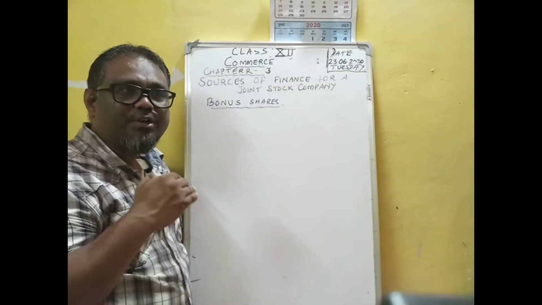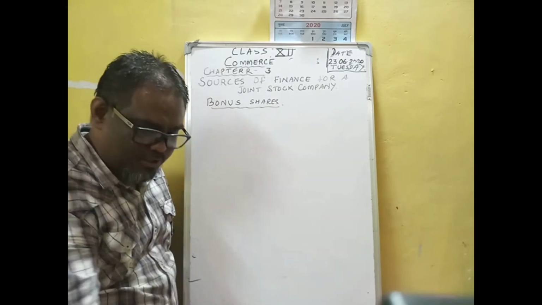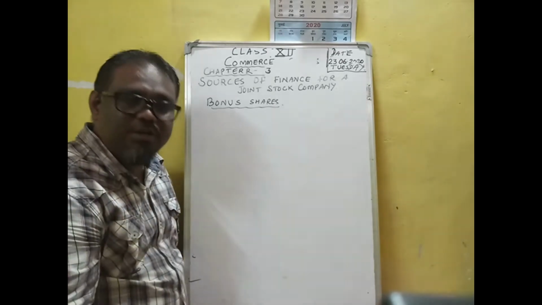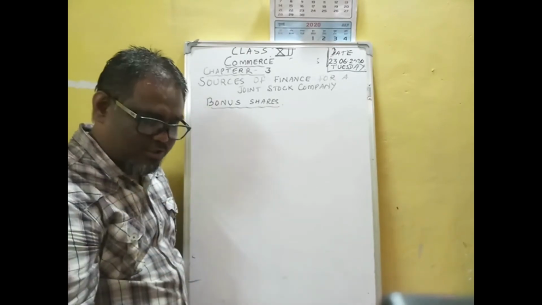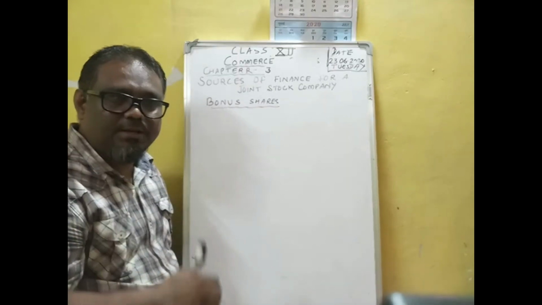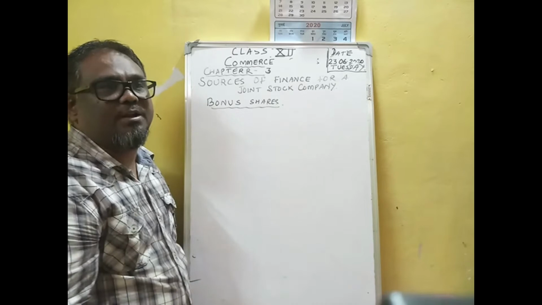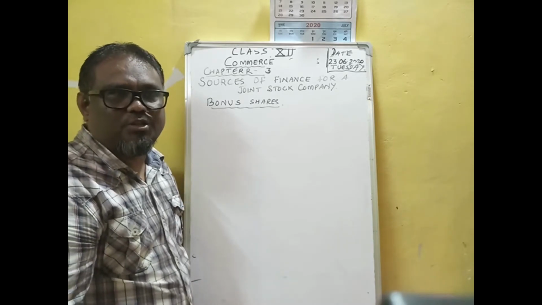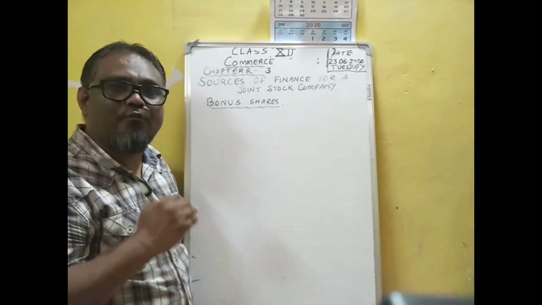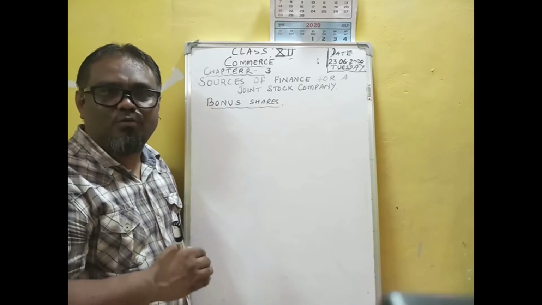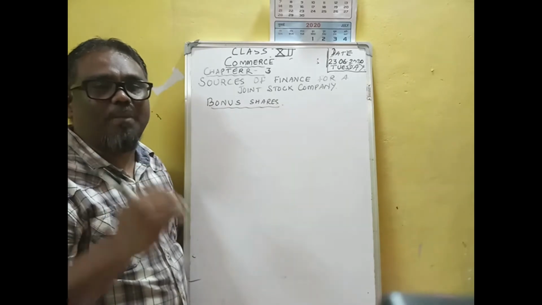But instead of distributing this undistributed profit, the company may issue fully paid up shares free of cost to the existing shareholders in proportion to their shares. These shares are known as bonus shares.